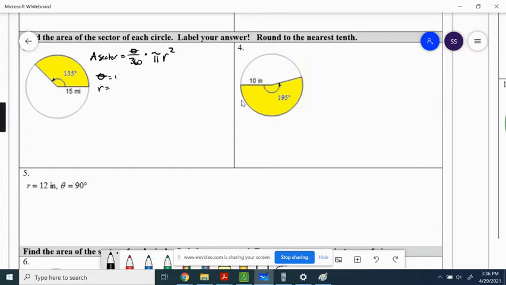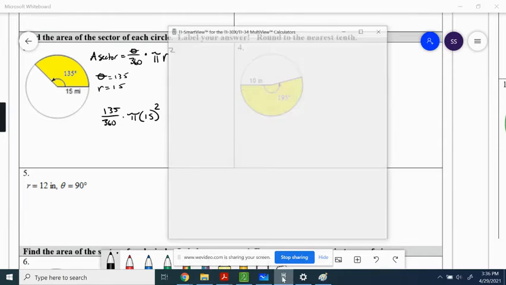So in this case, it's 135 and the radius is 15, and that's it. So just plug them into the formula where they need to be, and your calculator can do the rest. So this is 135 over 360 times pi times 15 squared.